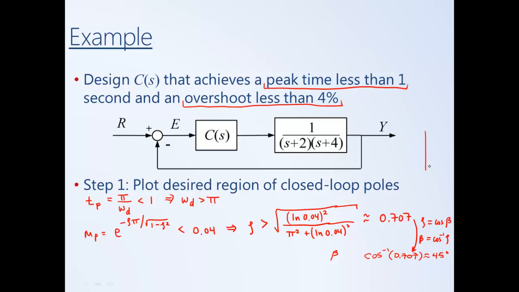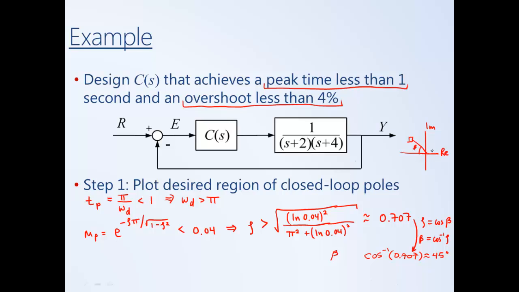So just real quickly, I'll remind you of what beta is. Beta is that angle. If these are the closed loop pole locations, beta is the angle made with the real axis. Again, you may have some issues trying to figure out the direction of the inequality. Should beta be greater than 45 degrees or less than 45 degrees? One way to remember this is that if our poles are on the real axis, then we're overdamped and we have no oscillation at all.